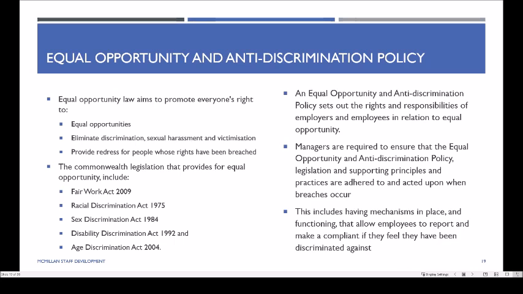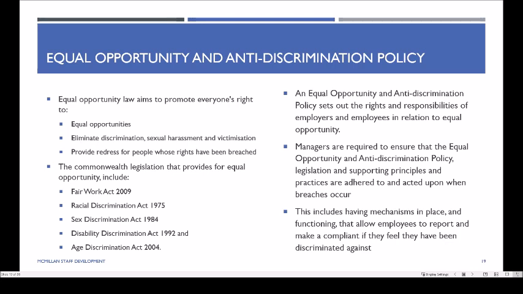The other policy I wanted to talk about was the equal opportunity and anti-discrimination policy within organizations. And equal opportunity, as I said earlier, is more about making sure that we remove structural discrimination. So equal opportunity law is about promoting everybody's rights.